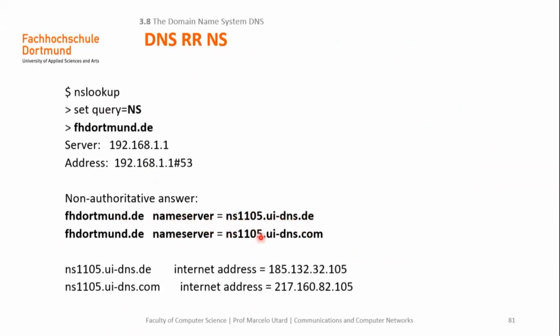This is another NS resource record, and this is an A record associated with this NS record, and this is the other A record associated with the other NS record. In that way, we get the very important information in order to look up names under the zone Fachhochschule-Dortmund.de.